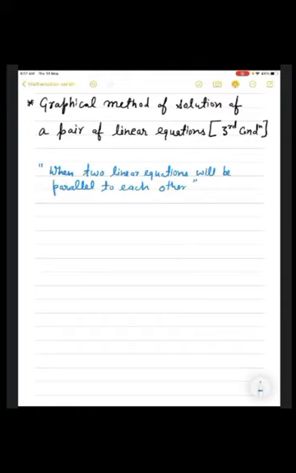Or we can say we are trying to understand the condition for a pair of linear equations to be parallel, कि पैरेलल होने के लिए कंडीशन क्या होती है. तो सबसे पहले एक एग्जांपल ले लेते हैं, then we'll try to plot that.